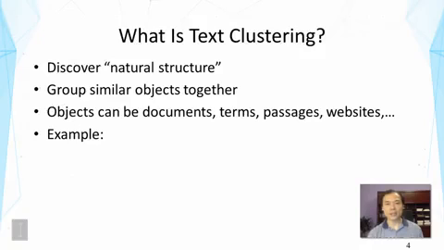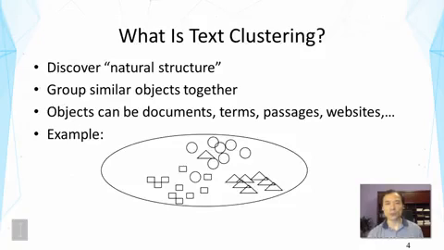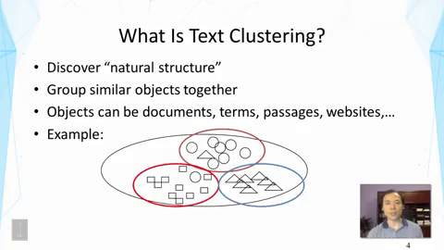So let's see an example. Well, here you don't really see text objects, but I just use some shapes to denote objects that can be grouped together. Now, if I ask you, what are some natural structures or natural groups? Well, if you look at it, you might agree that we can group these objects based on shapes or their locations on this two-dimensional space.